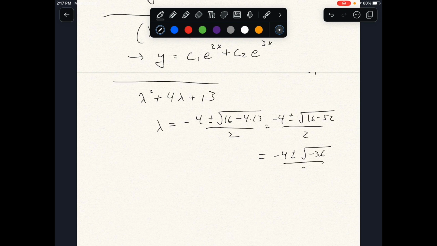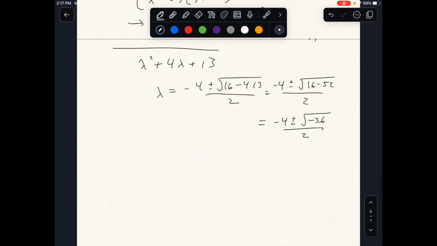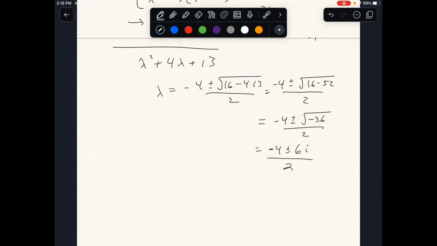Whenever you have the square root of a negative number, you could just take the square root of that number. Square root of 36 is 6, and then square root of negative 36 will just be 6i, because the square root of negative 1 is defined to be i. This is all over 2, so you can cancel the 2's. You get negative 2 plus or minus 3i.